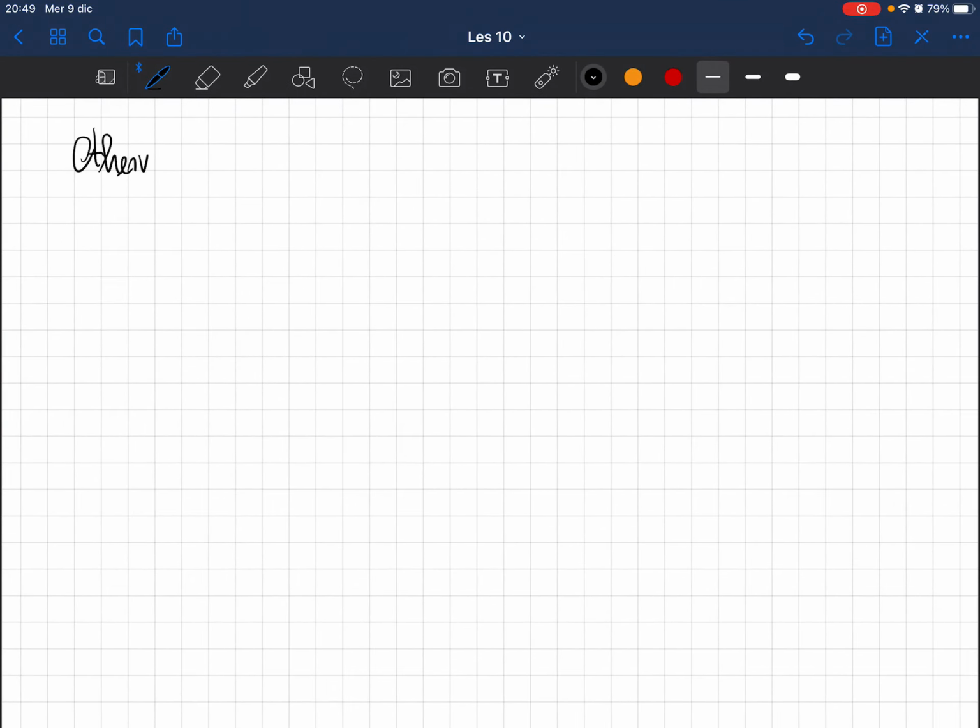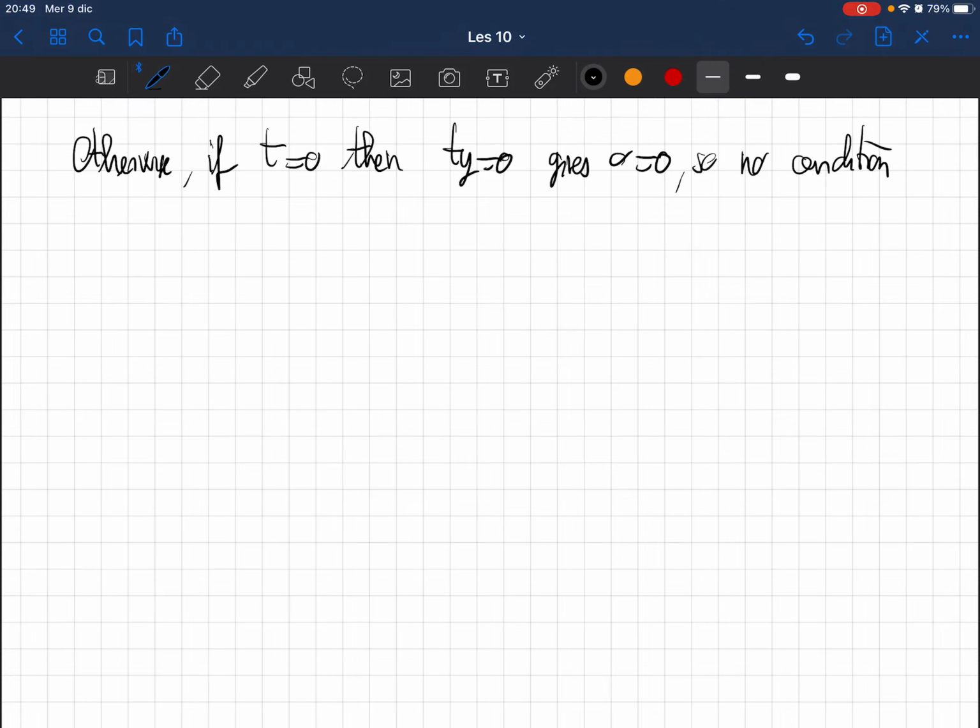Otherwise, if t is equal to 0, then ty equal to 0 gives 0 equal to 0. So you have no condition on y, and no condition on x either.